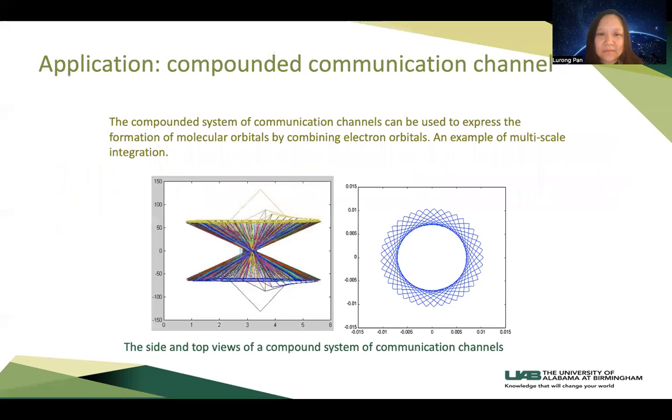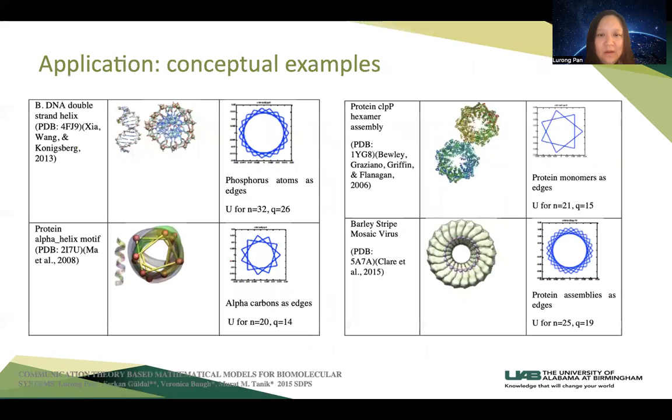So this is a compounded communication channel, which means if we put multiple atoms in the system, it would form a complex molecular structure. However, it can also be represented using the same U matrix.